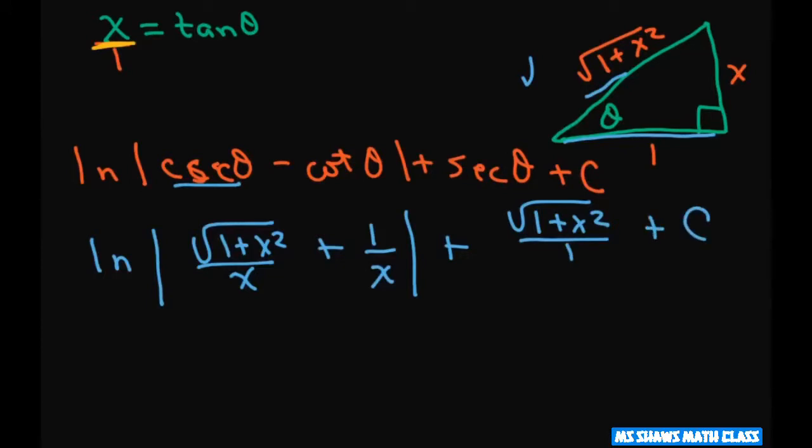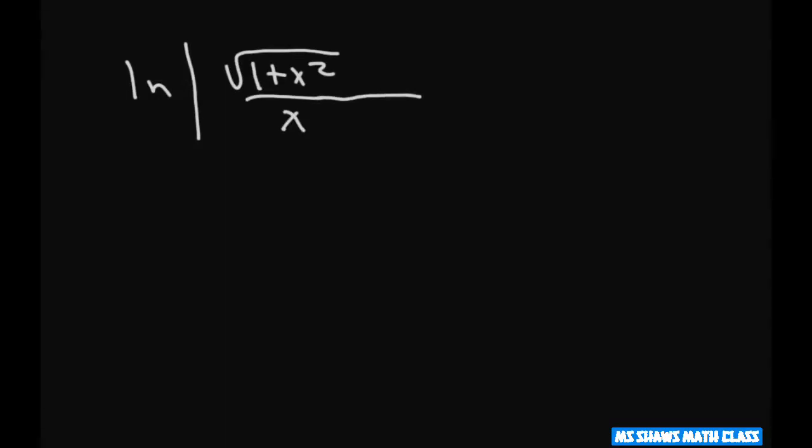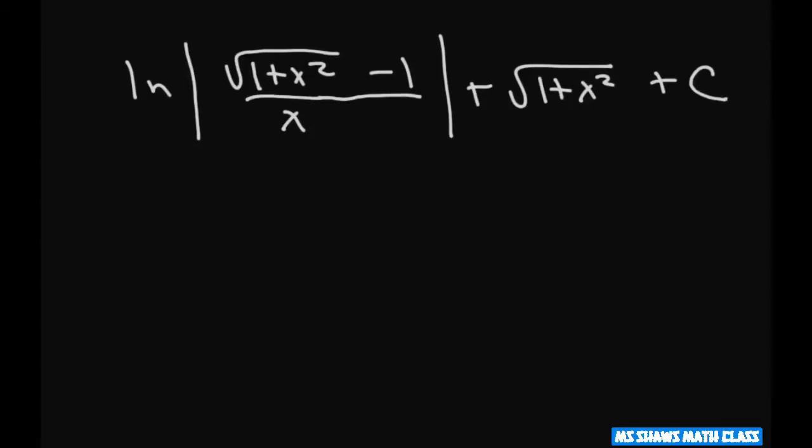Now, the only thing I want to do is simplify this a little bit. So our final answer would be ln of the square root of 1 plus x squared, divided by x, and I'm just putting this all over x, plus the square root of 1 plus x squared, plus c. And that's it.